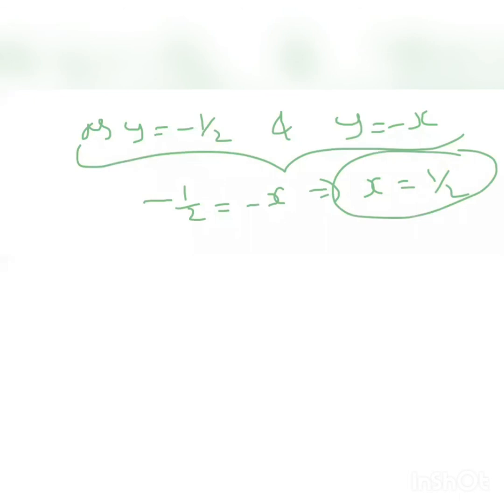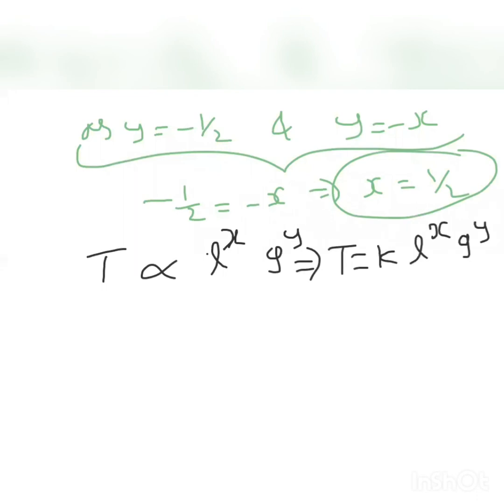Actually, what is the relation we have written there? T is proportional to L power X and G power Y. Later we said it is a constant: T equal to K, L power X and G power Y. And now we got the values of those.